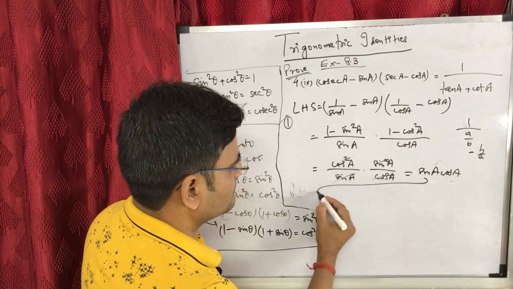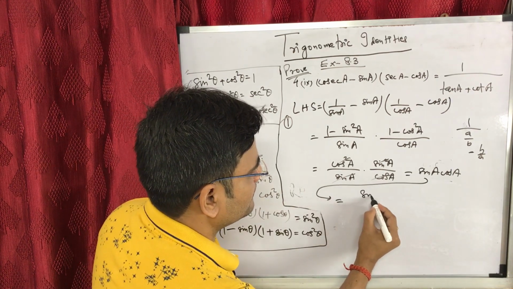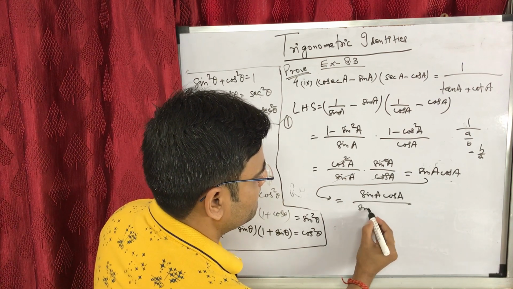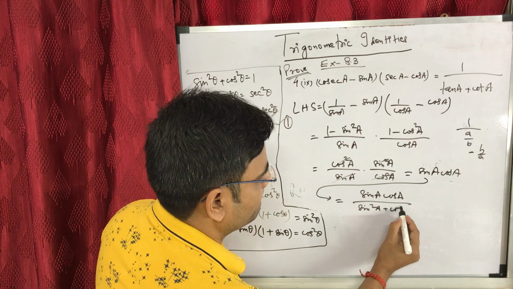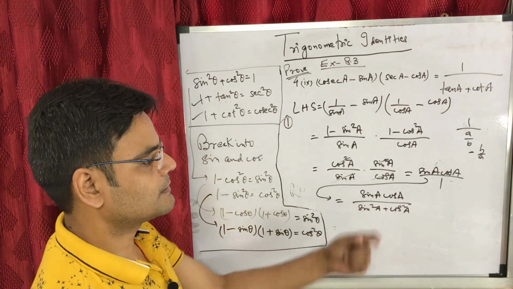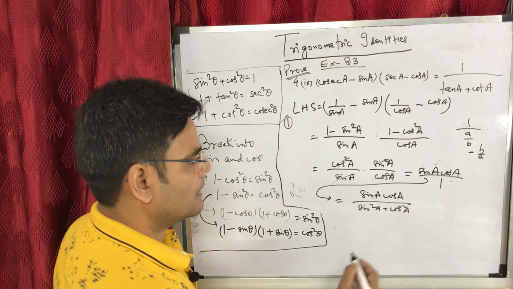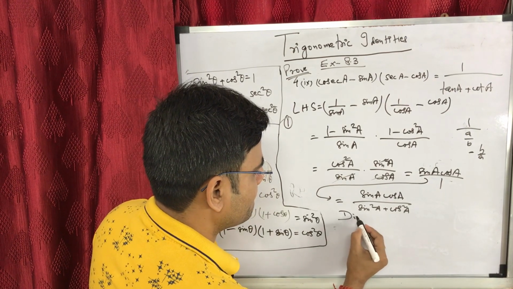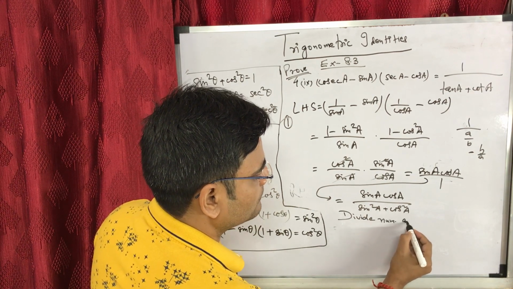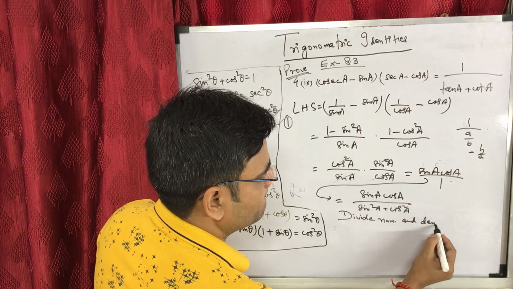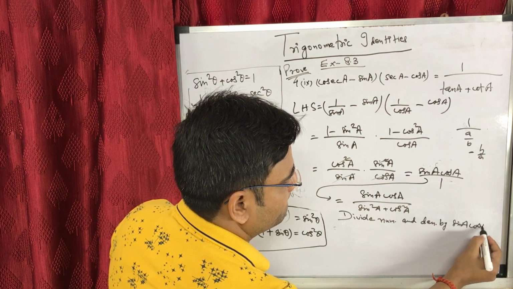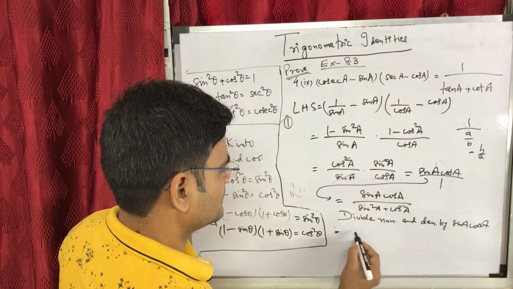Divide by 1. 1 can be broken as sine square A plus cos square A. And divide numerator and denominator by sine A cos A. Just keep in mind you have to use any one.